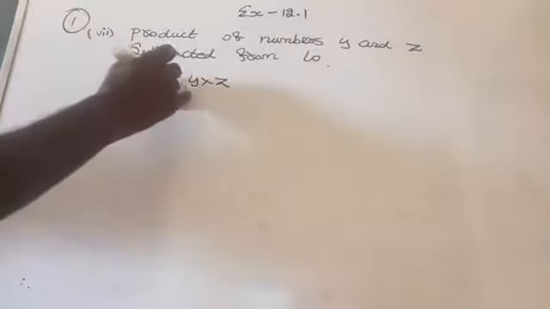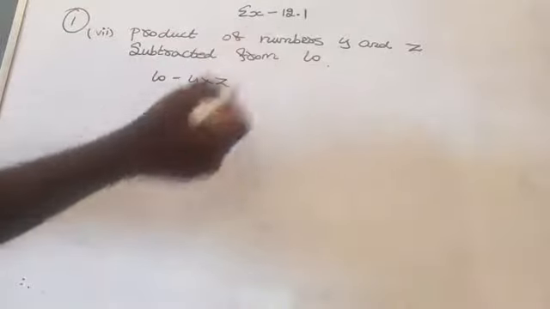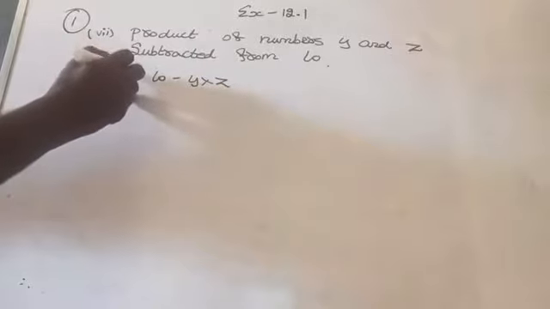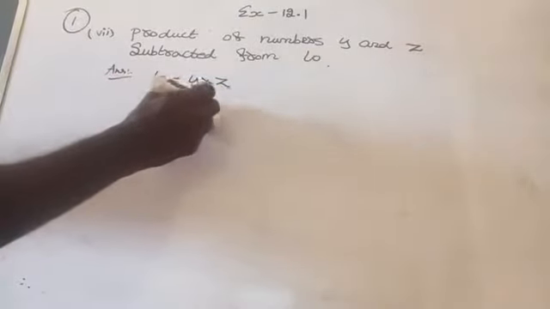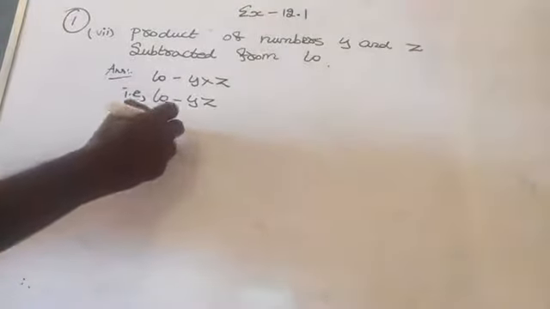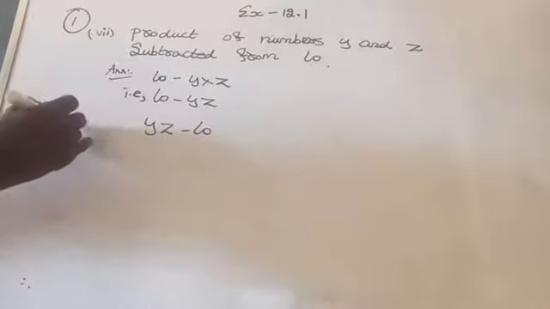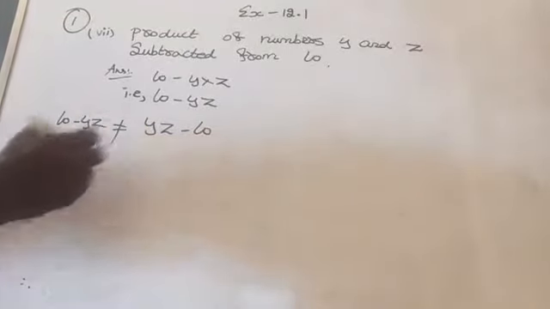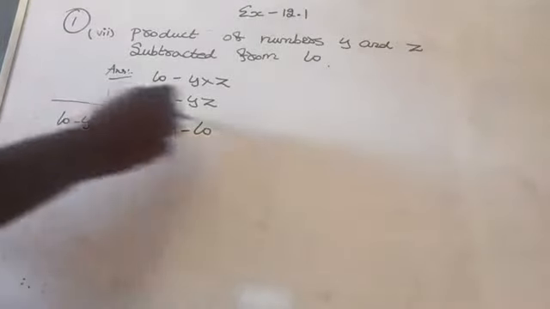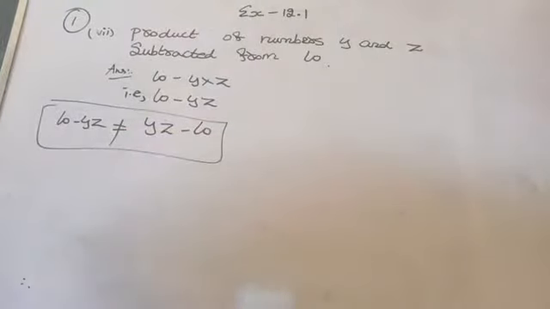Subtracted from 10, so 10 will come first: 10 minus yz. If you write yz minus 10, it is wrong, because 10 minus yz is not equal to yz minus 10; the commutative property is not satisfied under subtraction. Are you getting it? Yes.